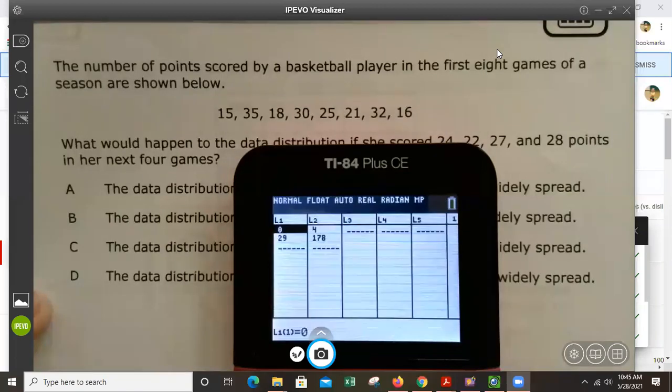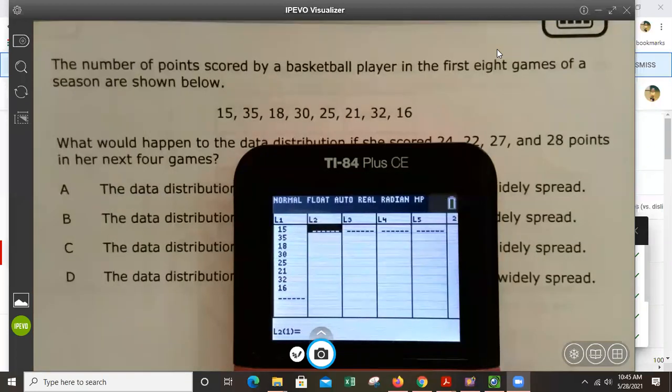We're going to edit L1 to be what we see up there. See how I messed that up? That happens quick. 18, 30, 25, 21, 32, 16. I'm going to delete this out. All right. Is everybody good so far?